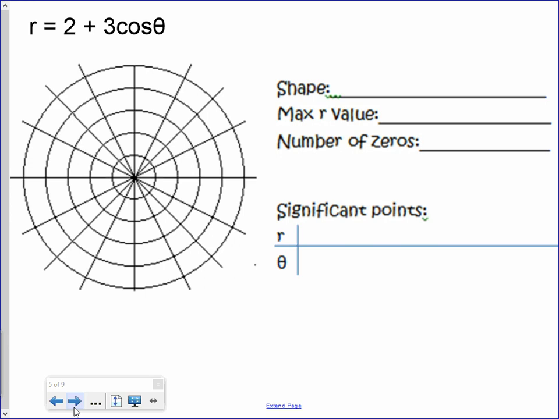When you're thinking about your quiz tomorrow, how will you be able to tell the difference between this and the circles or the rose curves? You've got plus or minus in the mix. So anytime we see a plus or minus, then we know we're going to have limacons.